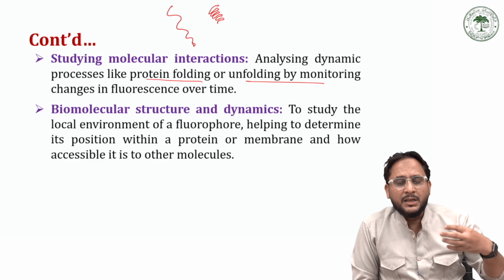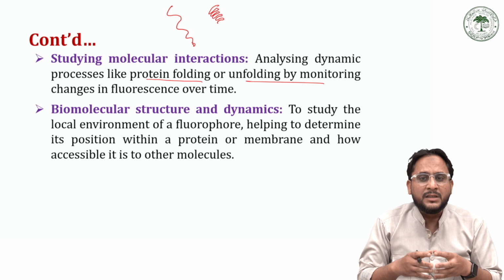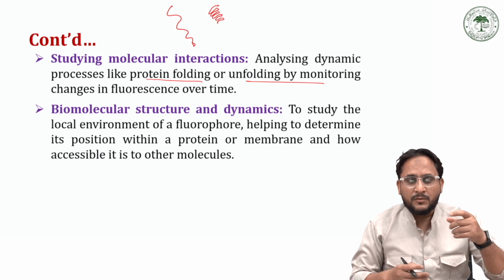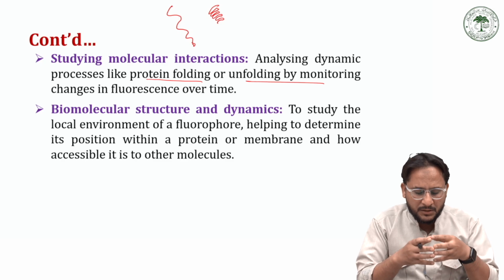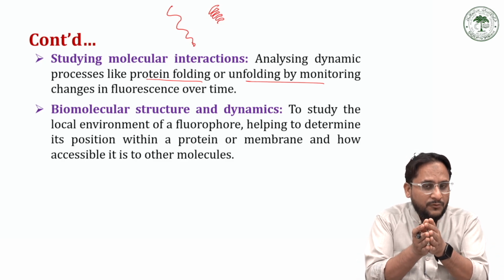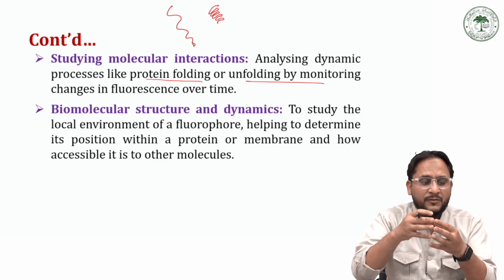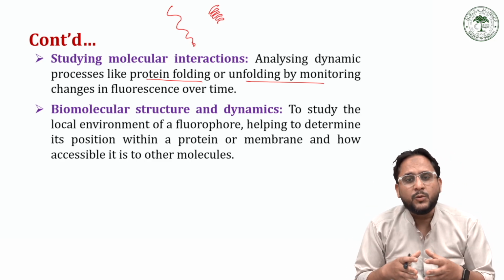For example, if upon adding the quencher there has been no change in the intensity, this means that in the present state the protein is in the folded form, and when the protein is in the folded form, that site is not visible for the quencher to go and attach to that site, causing quenching.